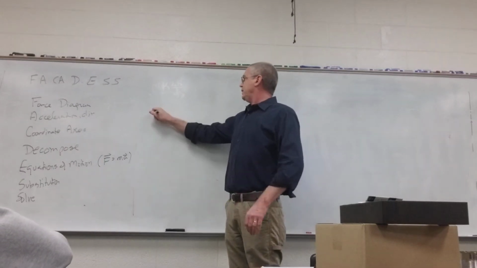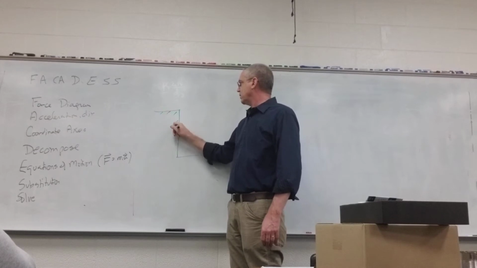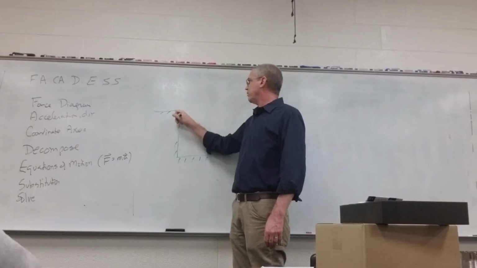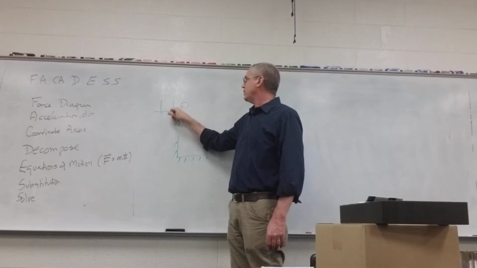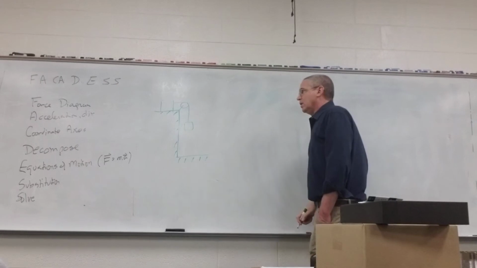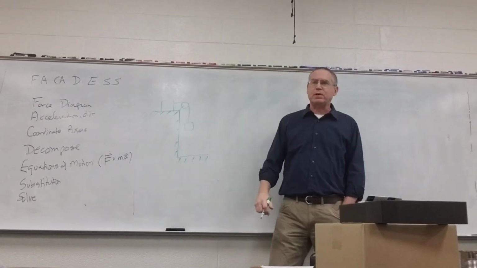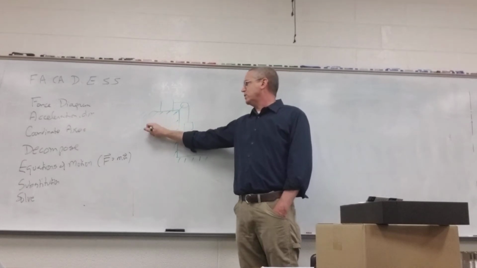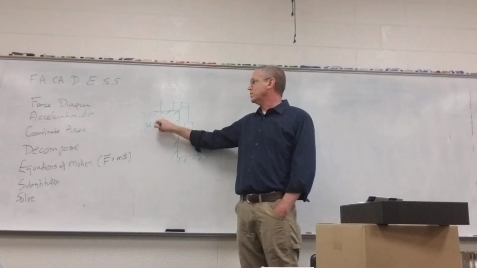All right, so we will put the earth down here. So I have some cliff or table or whatever you want it to be. I have an ideal pulley. I have a box sitting up here, a rope, and a mass dangling. For our first example, let's make the assumption that we are dealing with a frictionless surface here, and I'm just going to symbolize frictionless with the shorthand of mu equals 0.